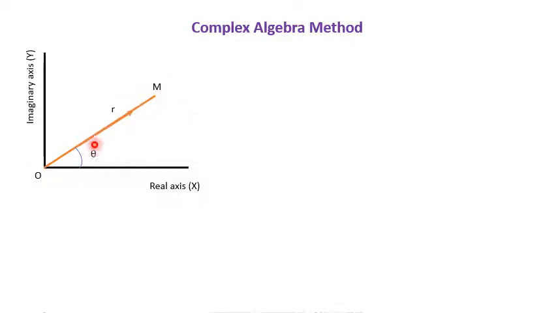So r theta is the position vector of the link OM. Clear? In this position vector, magnitude is r, whereas direction is theta.